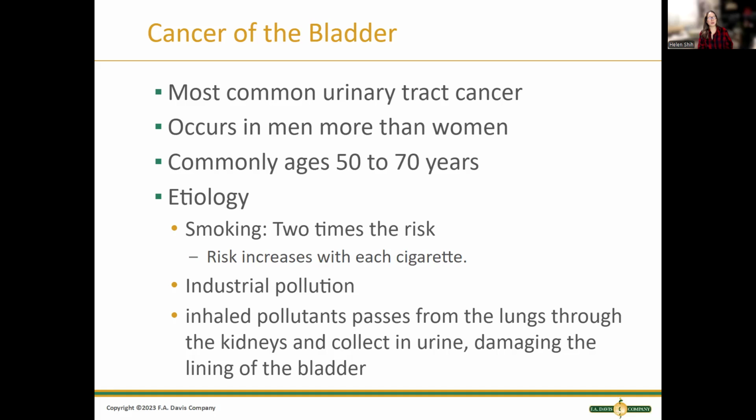And these inhaled pollutants pass from the lungs into the kidneys and collect in the urine, where they sit in the bladder for maybe a couple of minutes, but maybe an hour or so before you can actually pee. So all of these toxins are sitting in this urine, and this urine is touching the inside wall of the bladder, which then allows the damage from the toxins to happen to the inner walls of the bladder.